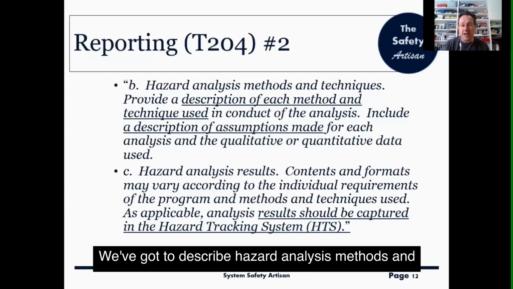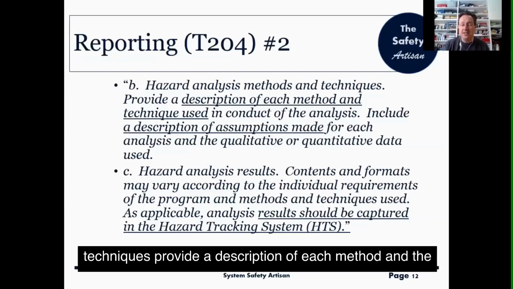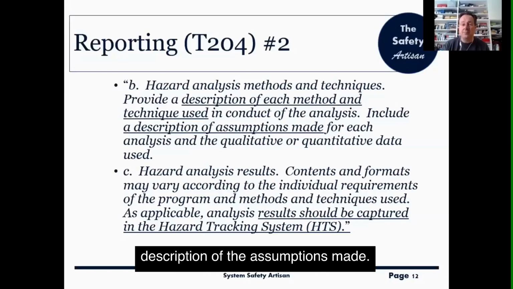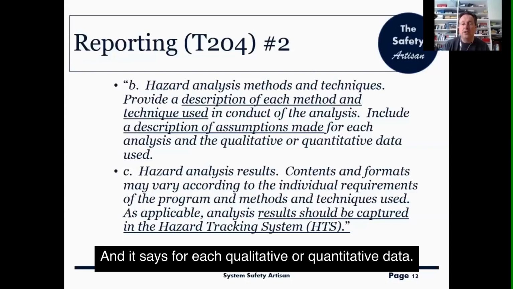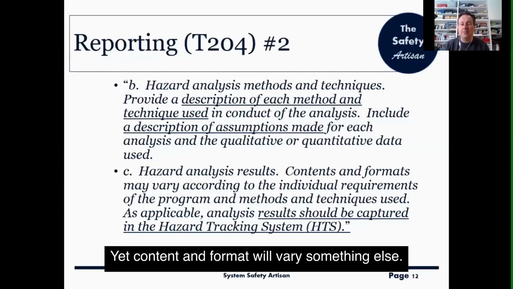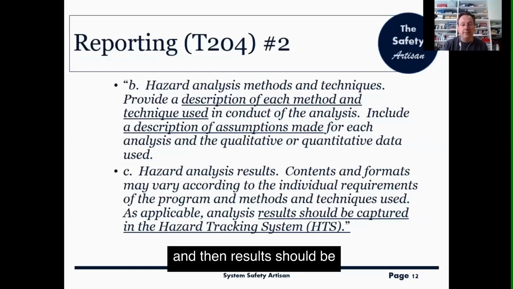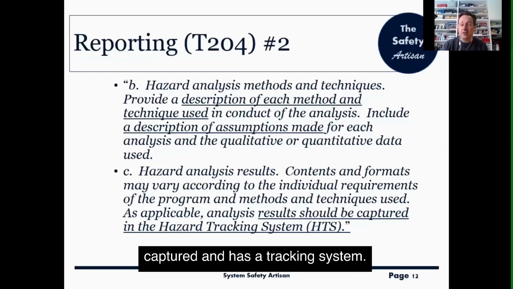We've got to describe hazard analysis methods and techniques, provide a description of each method and the technique used, and a description of the assumptions made. And it says for each qualitative or quantitative data, yet content and format will vary. That's something else the PM has got to think about and specify up front. And then results should be captured in the hazard tracking system.